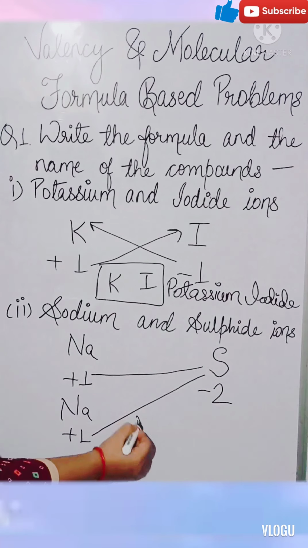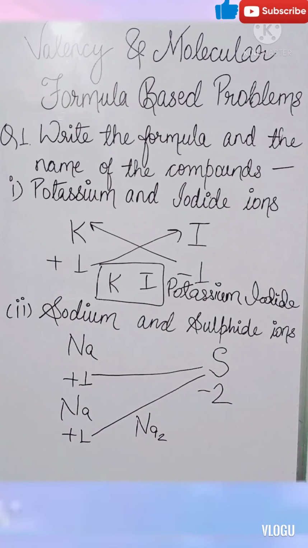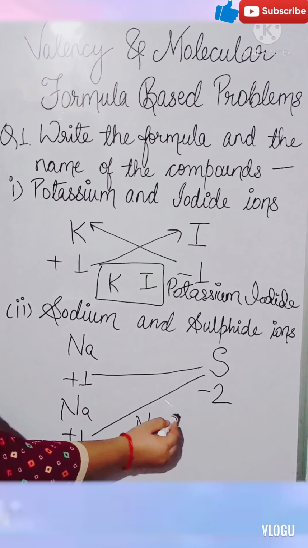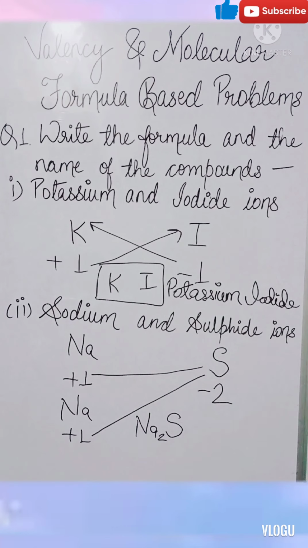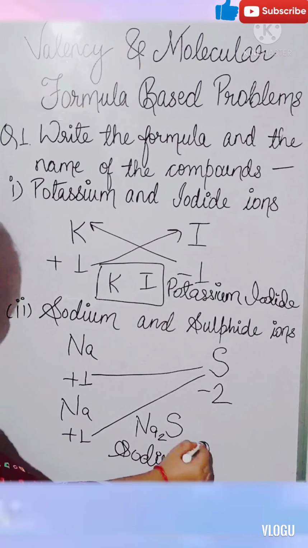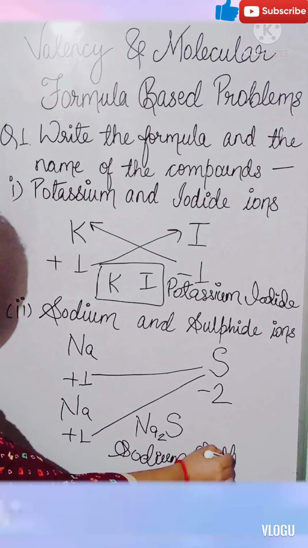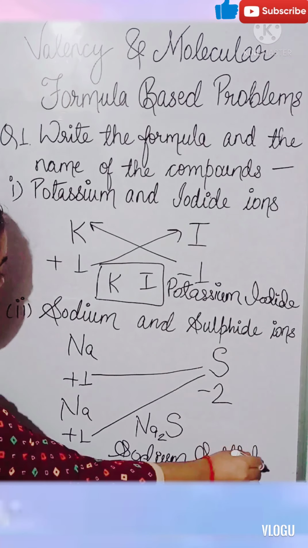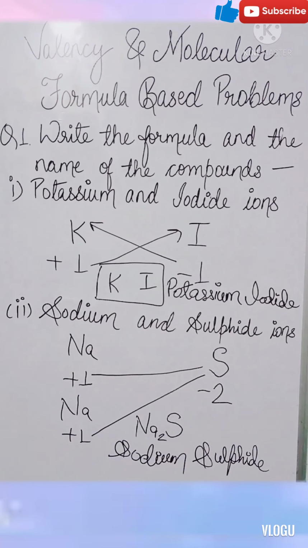So here 2 sodiums are needed, Na2 for 1 sulfur. So this is the formula and its name is sodium sulfide. Okay. Now move on to the next question.